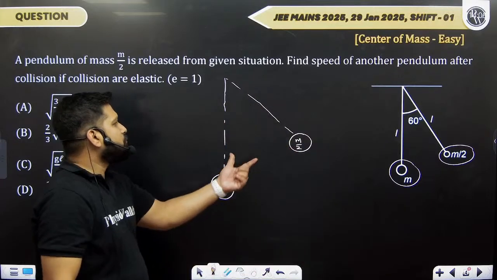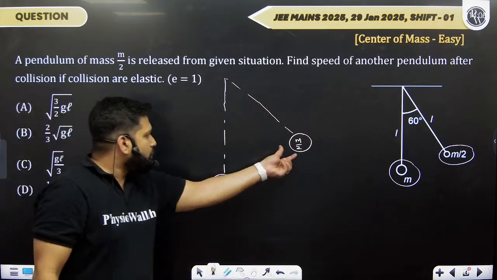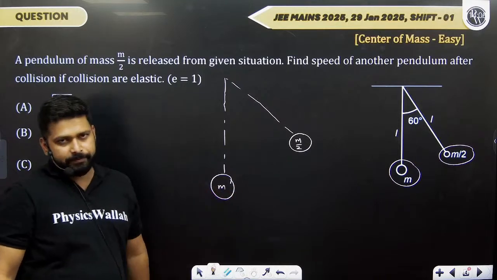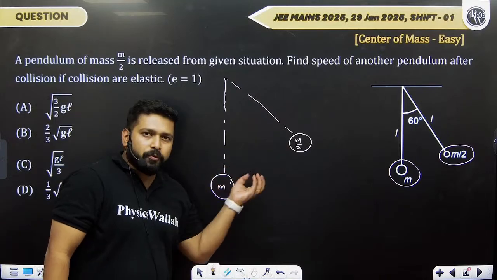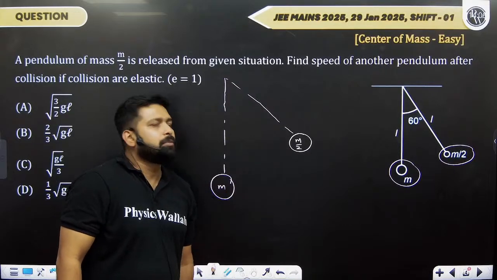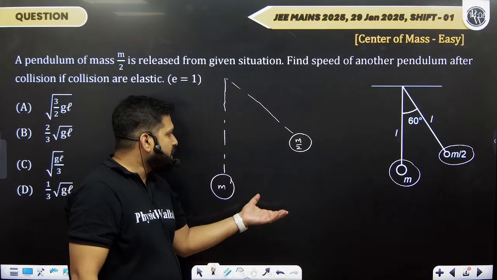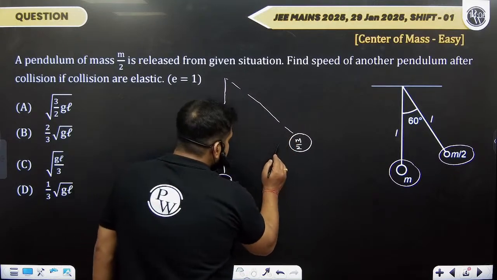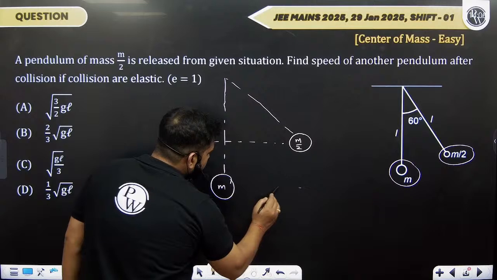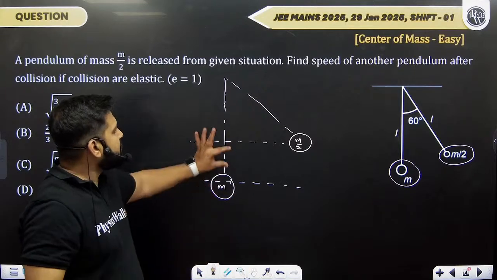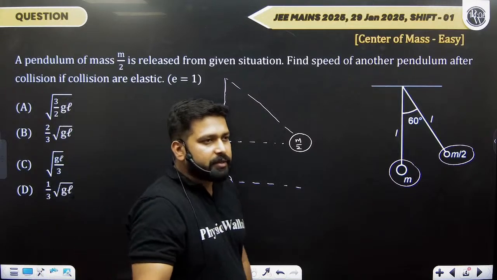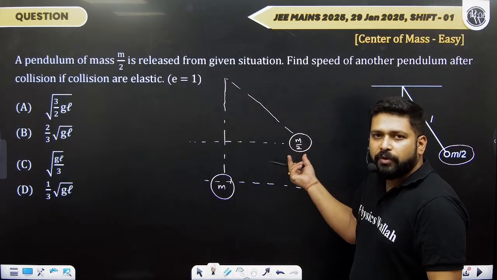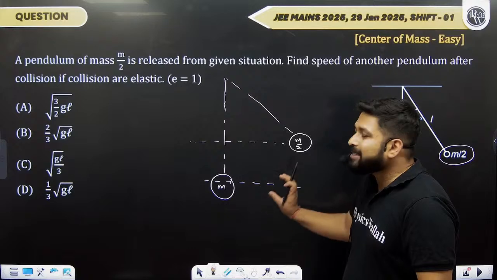When it is released from rest, it will fall down like this and then hit this mass. Why does it gain some velocity? Because obviously the potential energy is lost. It is at this height and now it is coming to this height. So the first thing we need to calculate is this loss in potential energy, because this loss in the potential energy of m/2 will be converted into its kinetic energy.